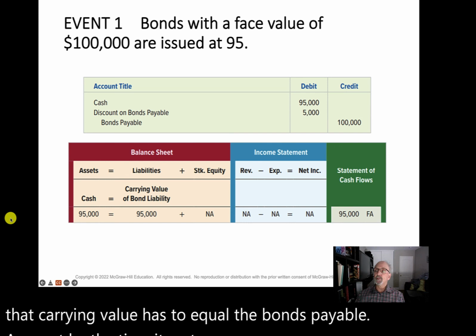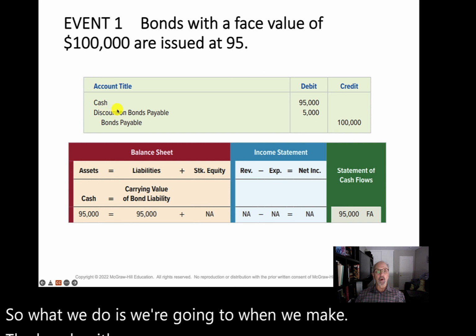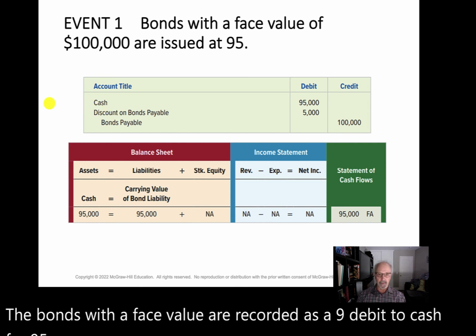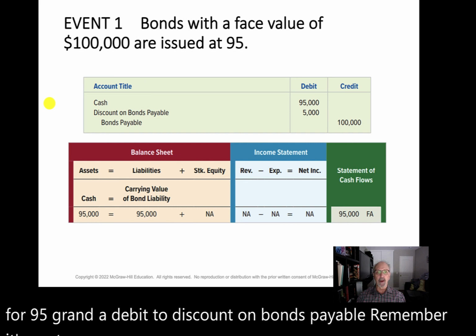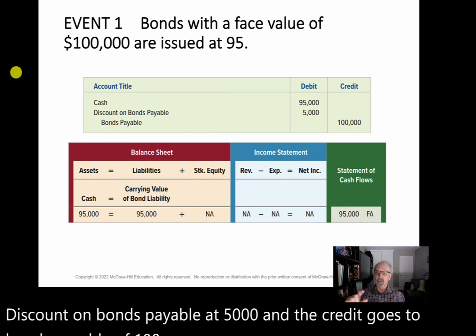So when the bonds are issued, we record a debit to cash for 95 grand, a debit to discount on bonds payable of 5,000, remember it's a contra liability, and the credit goes to bonds payable of 100 grand. That's the face value.